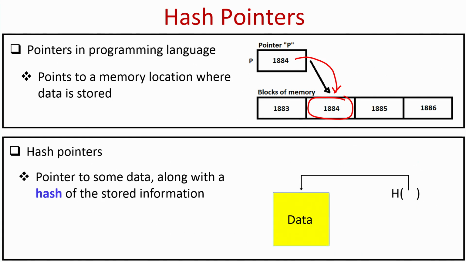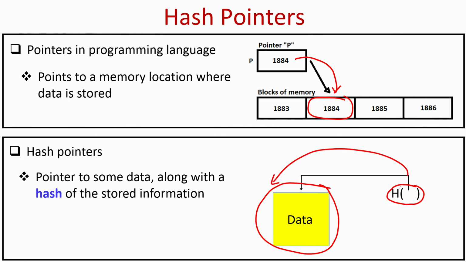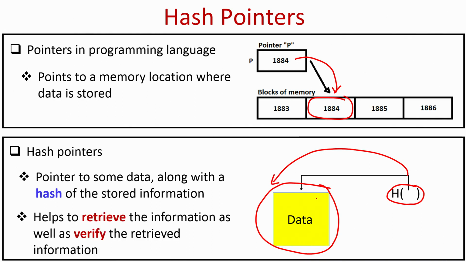Now, this hash pointer is almost the same as a pointer in spirit, but apart from pointing to the data, this pointer also stores the hash of the value that is stored in that location. That means, if this is some data which is stored in some arbitrary location, and this is your hash pointer, then this hash pointer will have a pointer to the data as well as the hash of the data stored in that location.